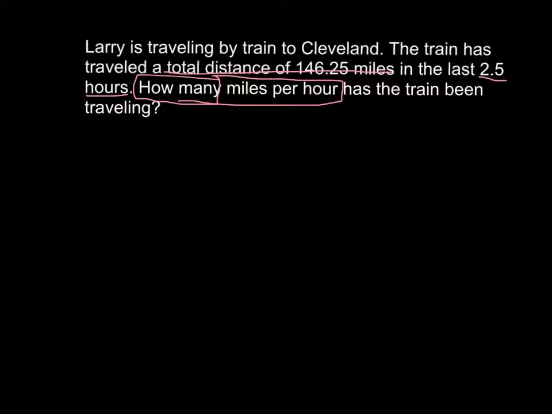So miles per hour is really just asking how many miles has that train traveled in each hour. So we're going to put our 146 25/100 as our dividend. And we are going to divide that by 2.5, or 2 5/10 hours.